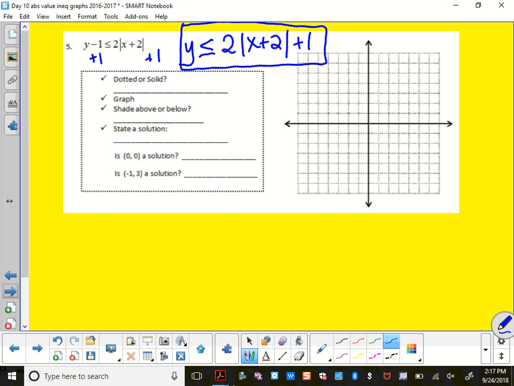For this one, we're going to go from the outside to the inside. We're not getting our vertex until y is by itself, because if you do it too early, then your vertex will be wrong.